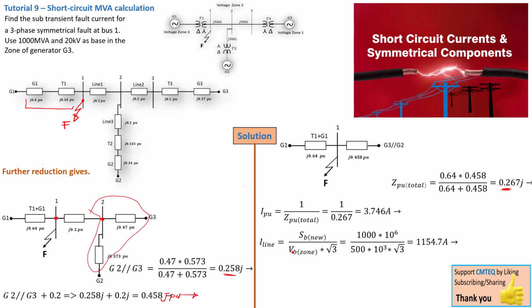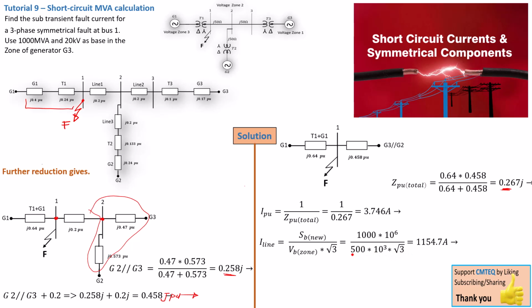I line is given by the same formula that we used to calculate the S base, so we can make I line the subject of that formula. This gives us a value of I line that is 1154.7 amps, and that is 1000 MVA divided by 500 kilovolt times the square root of 3.